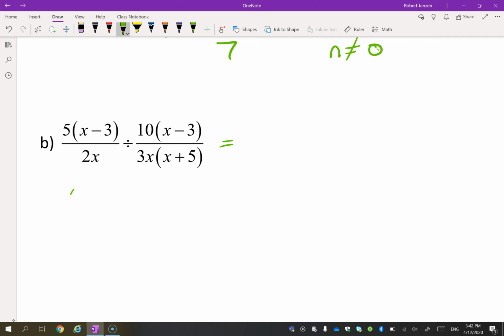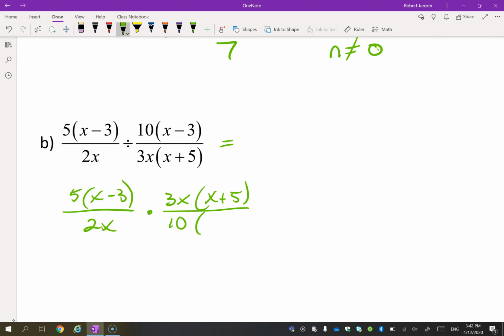Another division question. Let's rewrite it. So I have 3x times x plus 5 over 10 times x minus 3. What can simplify? X minus 3. X. Anything else?